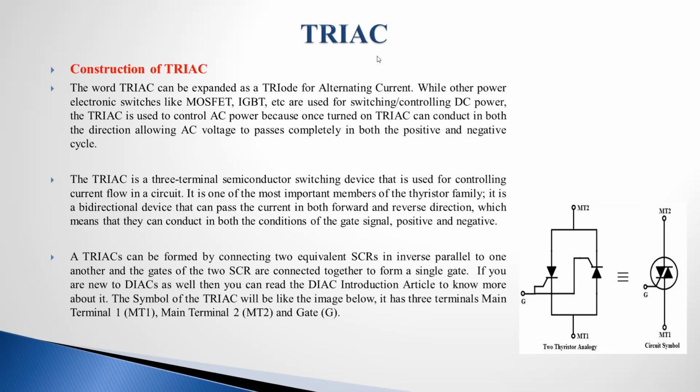They gave the device the name thyristor because its characteristics look like a thyratron tube, while its construction, PNP or NPN, looks like a transistor. That's why they gave the name thyristor.